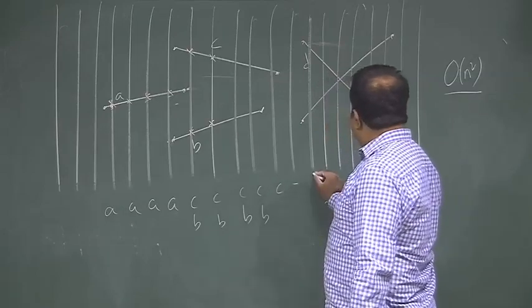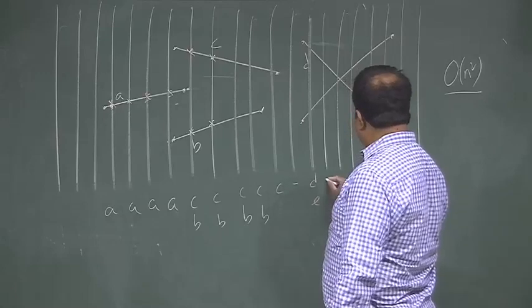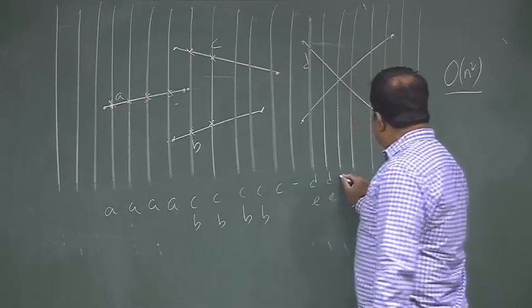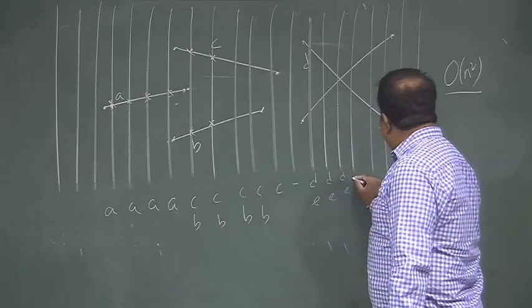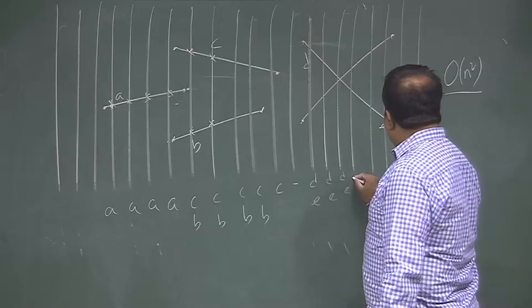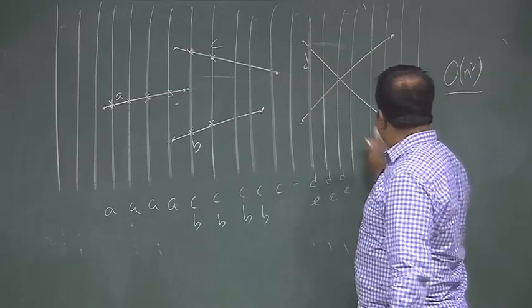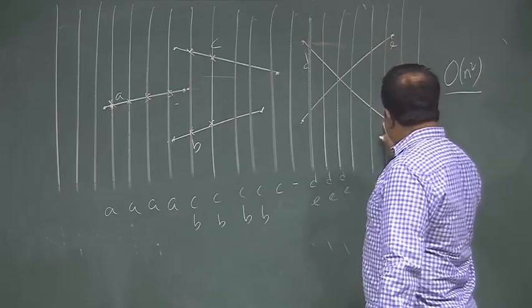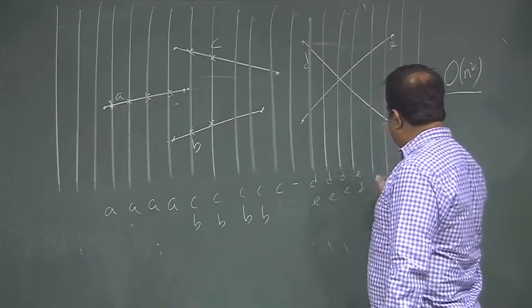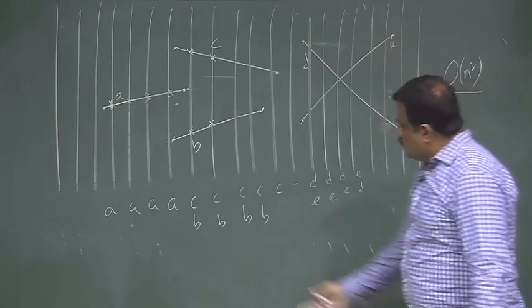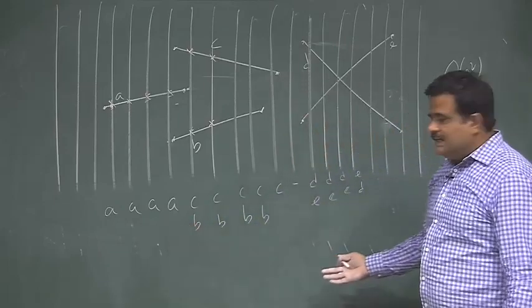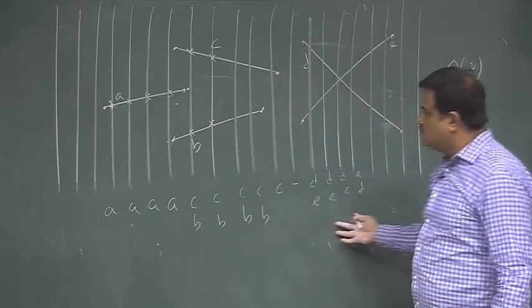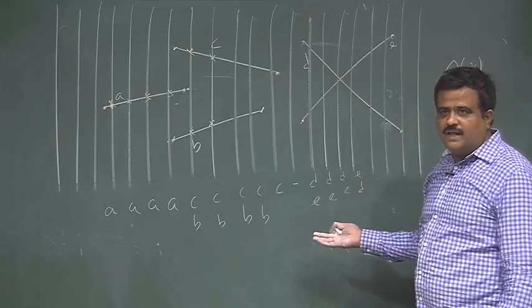Then this is basically DE, and this is D, this is E, say. This is basically ED. So we maintain a dynamic set S for storing these y values.